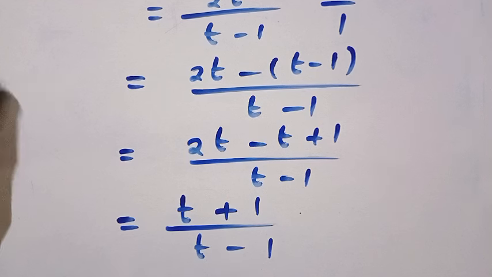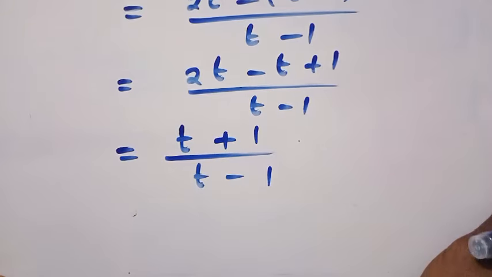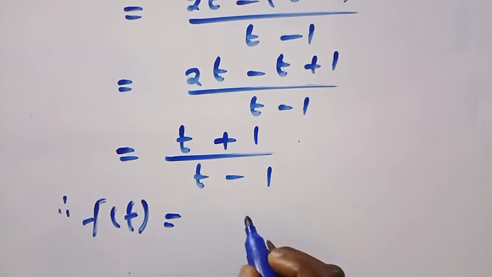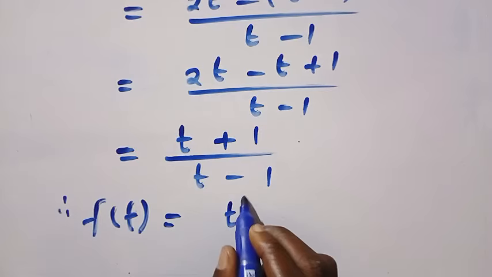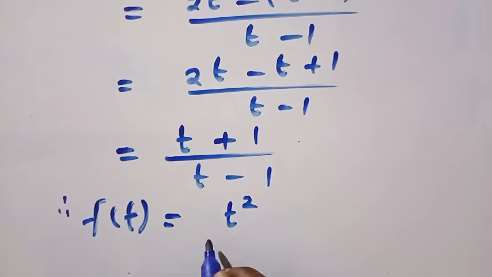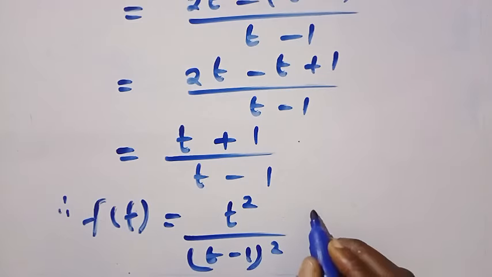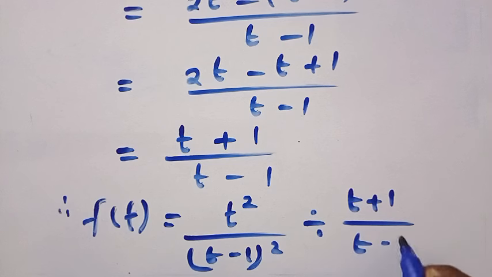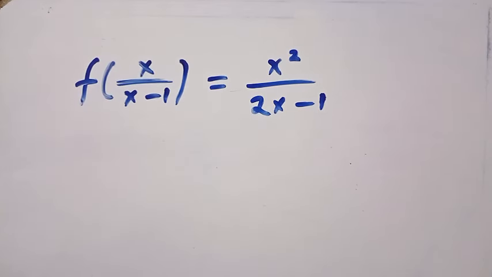So by bringing this together, we have f of t equals, for the numerator x squared, t squared over t minus 1 squared, then divided by t plus 1 over t minus 1. So this is what we have. We have to break this further.